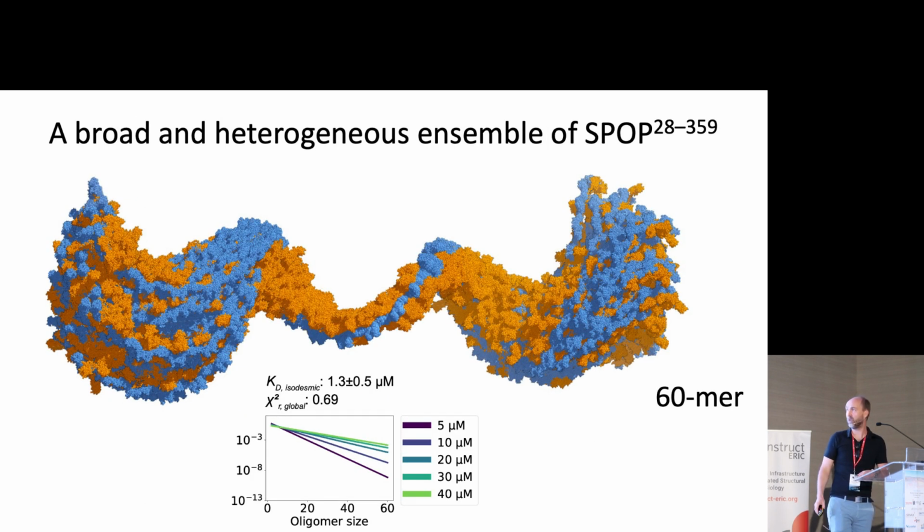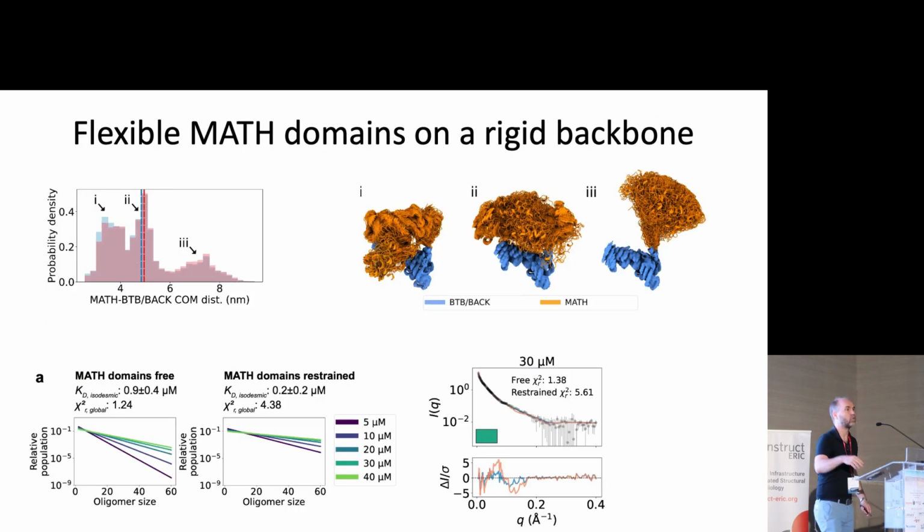This is again what the 60-mer looks like, but there are of course smaller models. And there's this nice helical shape, at least for this specific construct here. So what kind of things can you see? Well, for example, one question that we had was that these MATH domains that are important for the substrate binding, are they dangling off this backbone or are they sitting tethered down?